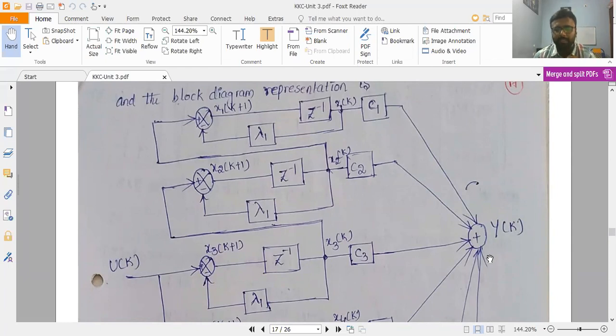We are going to represent the transfer function in the canonical form, both for non-repeated poles and for repeated poles. In the transfer function, if repeated poles happen, then that particular canonical form is called the Jordan canonical form. If the transfer function does not contain any repeated pole, then that canonical form is called the normal canonical form. In the Jordan canonical form, after writing all the equations in the matrix A, we are able to observe the Jordan block.